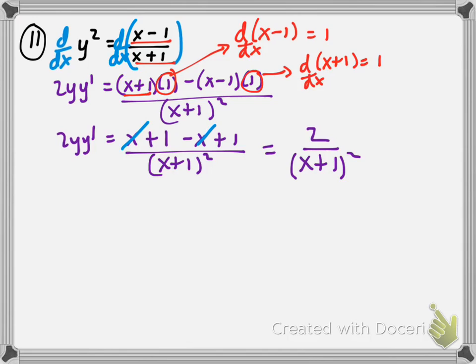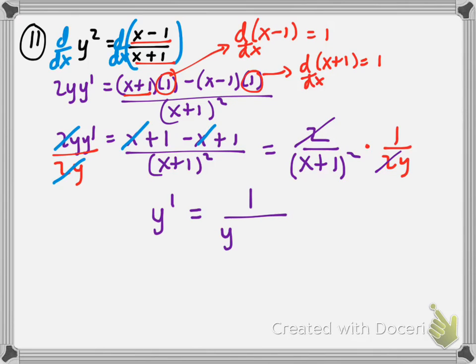So now if I multiply both sides by 1 over 2y, then these 2y's cancel here, and what we end up getting is y prime equals, the 2's are going to cancel, and we get 1 over y times x plus 1 squared.